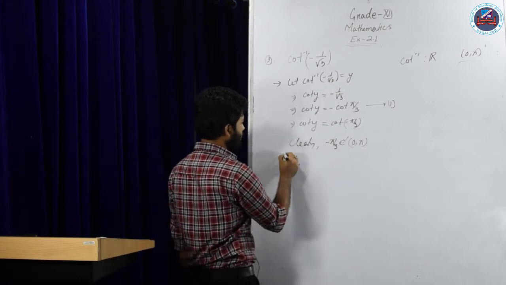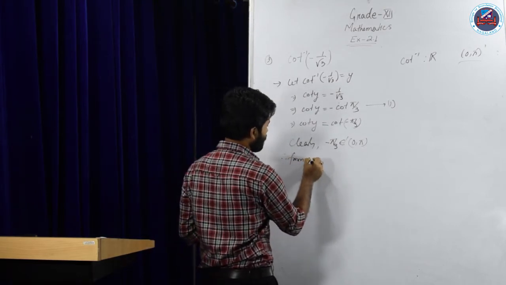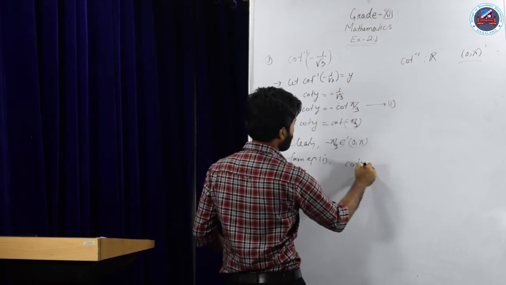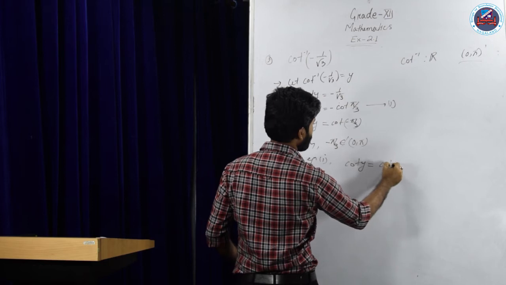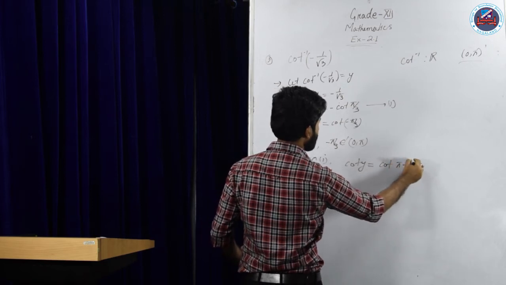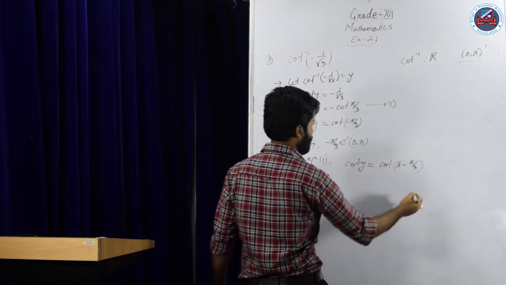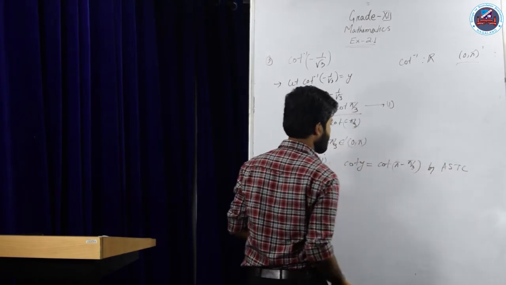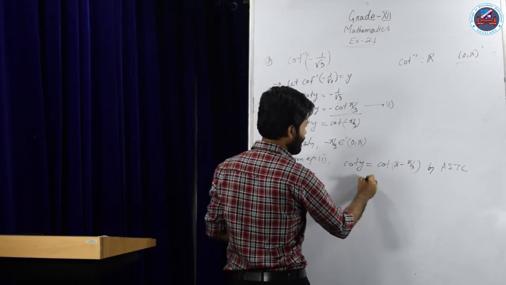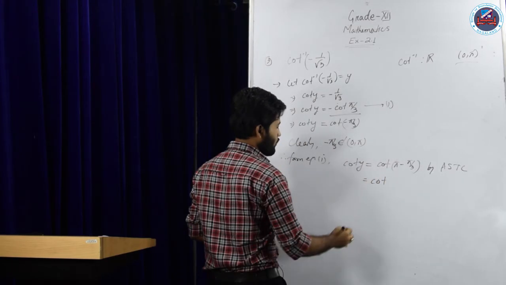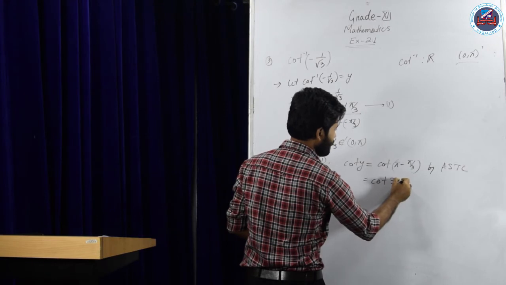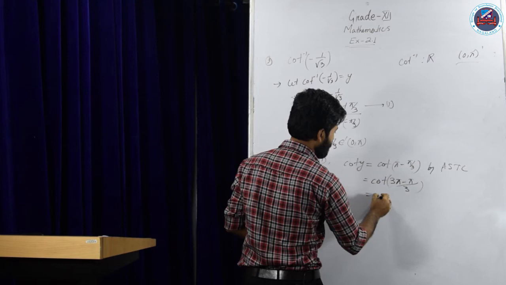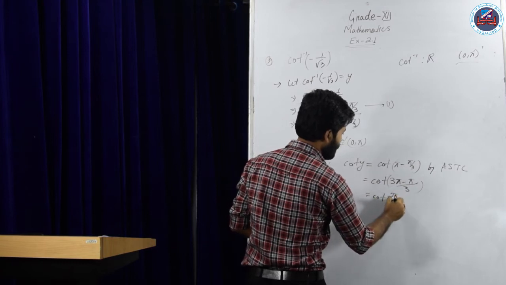So what to do? Therefore, from equation 1, I can write cot y is equal to cot of pi minus pi by 3 by the ASTC rule. That is similar to the previous one that we have done. And this can be written as cot of 3 pi minus pi by 3, that is equal to cot of 2 pi by 3.